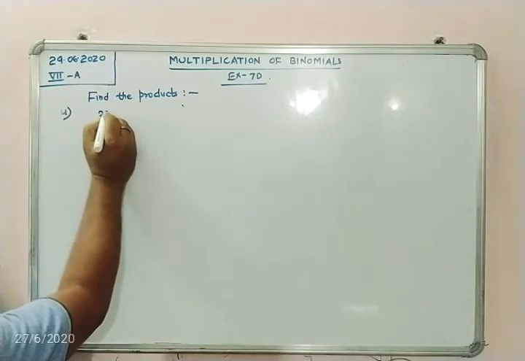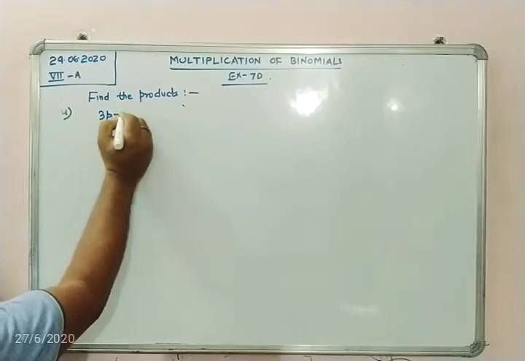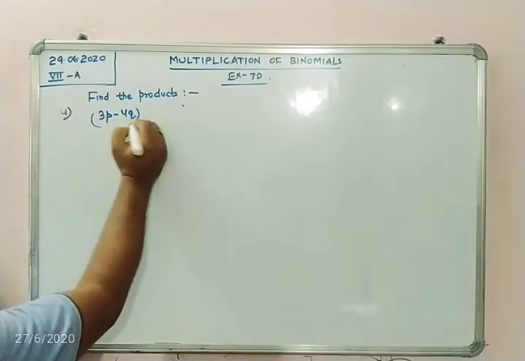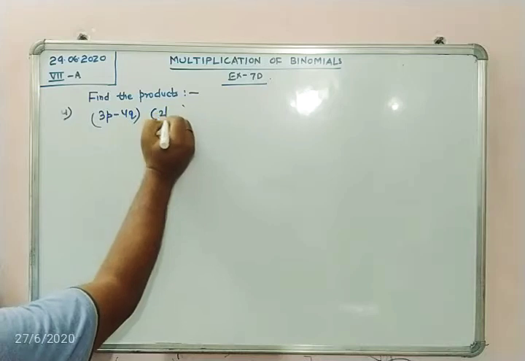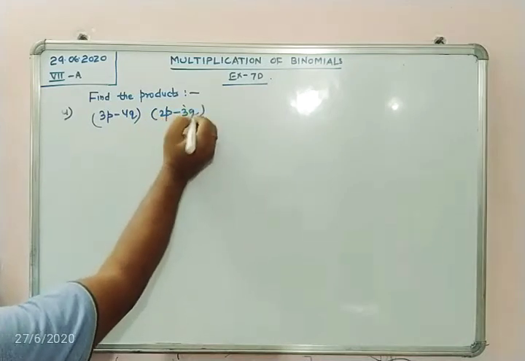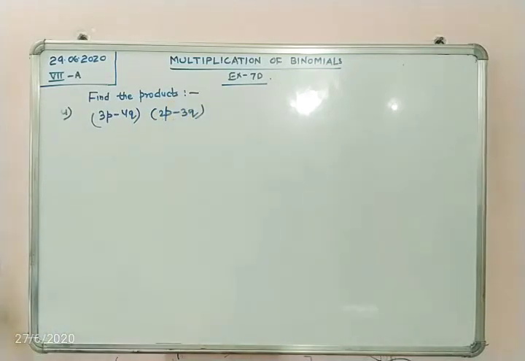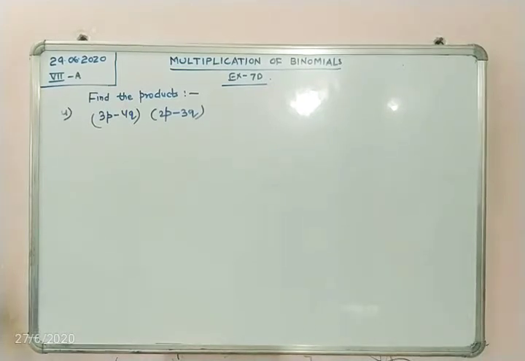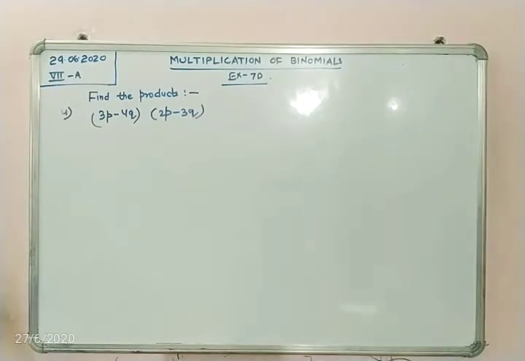Question number 4 is (3p - 4q)(2p - 3q). Students, we can solve this question as well according to the horizontal method using the distributive property. But this time I would like to show you and solve this question particularly in the column method.